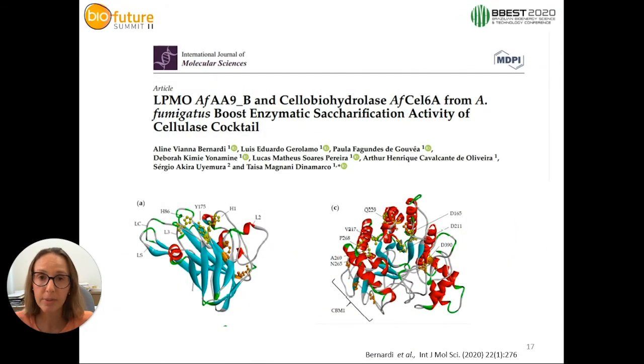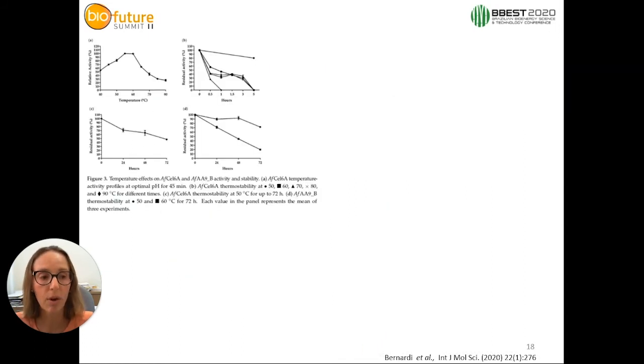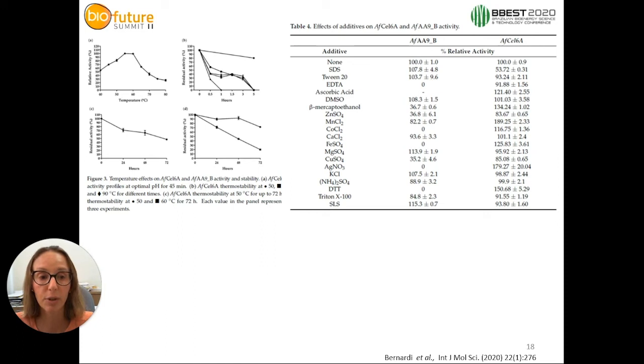Two other enzymes characterized by our group are LPMO AN9 and cellulase CYL6A. We characterized all the biochemical parameters of both enzymes, including the effect of substrate on enzyme activity.